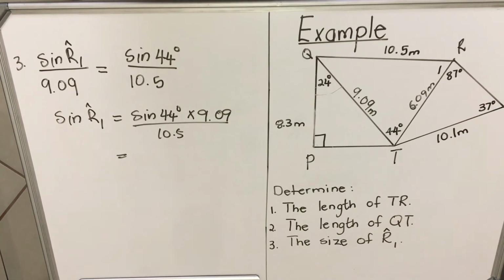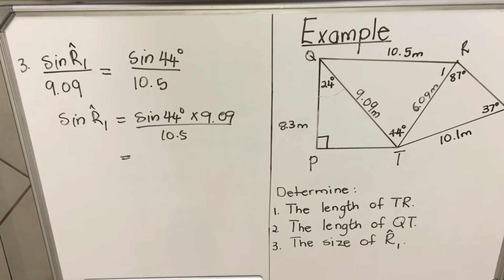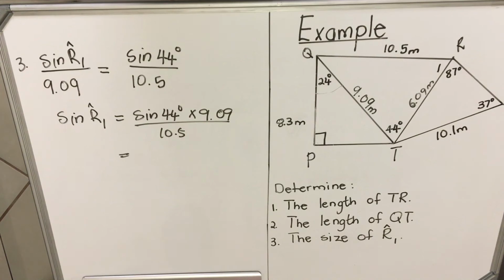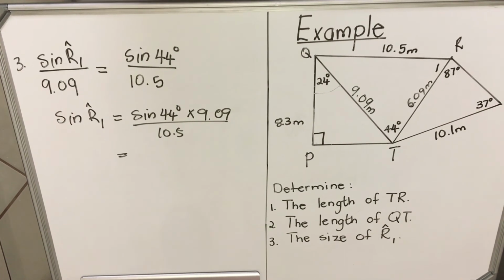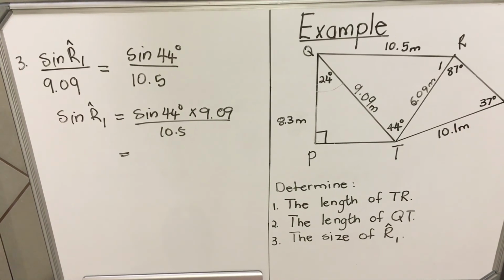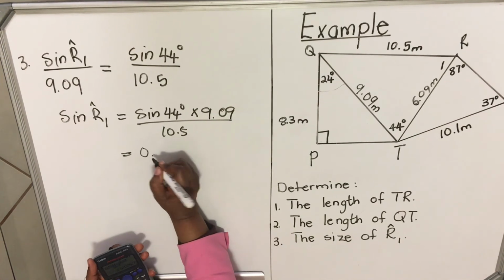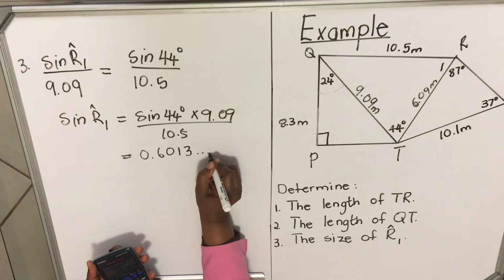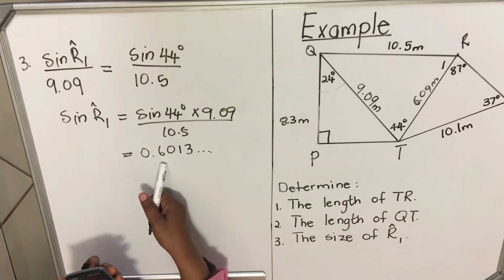Calculator, sine 44 close bracket multiplied by 9.09 go down, 10.5. Then we get 0.6013 and so on.